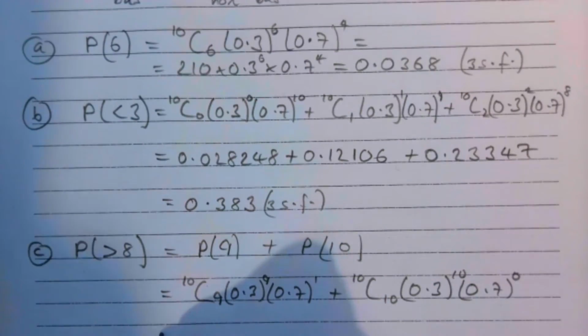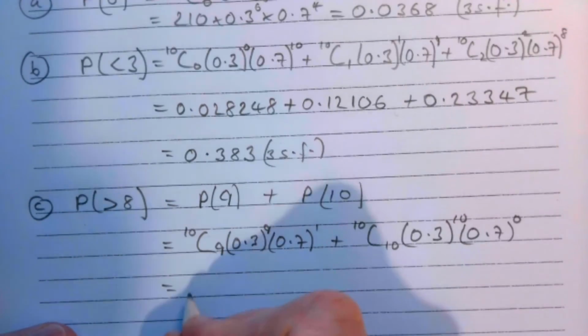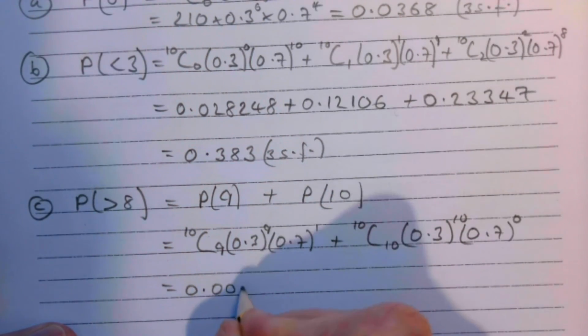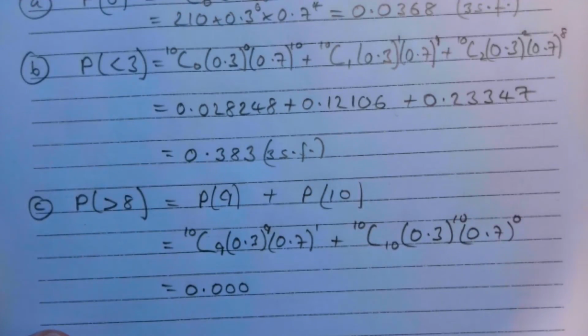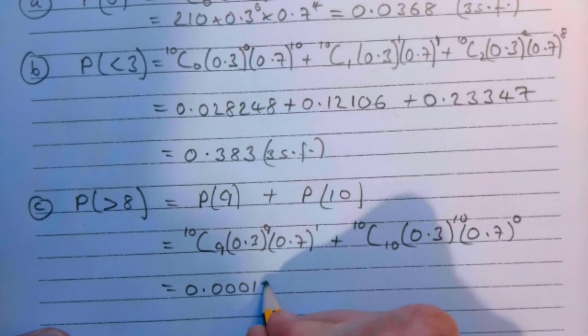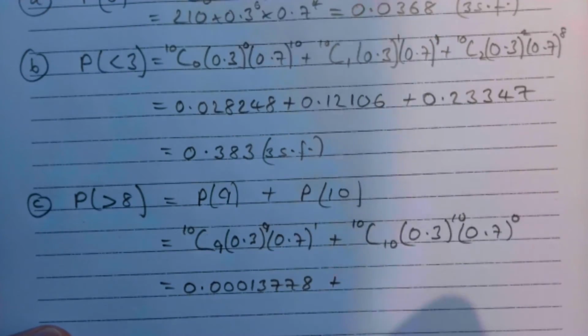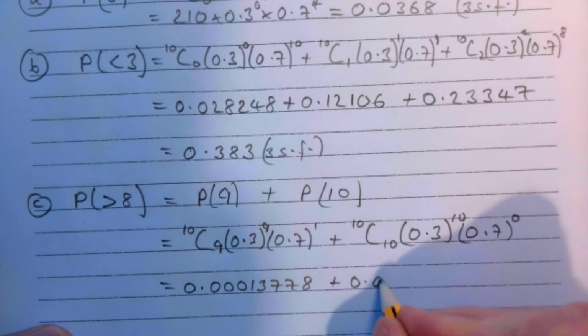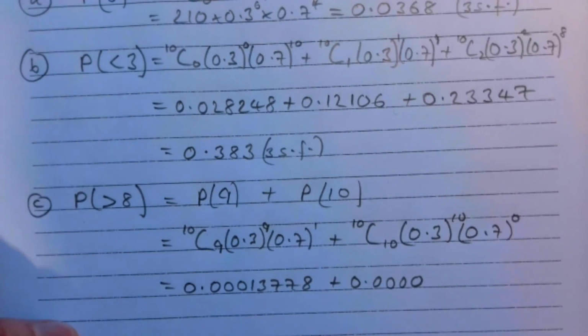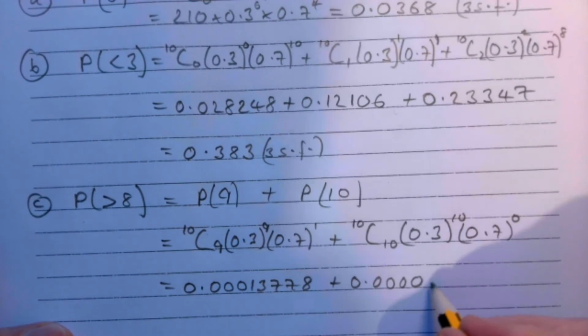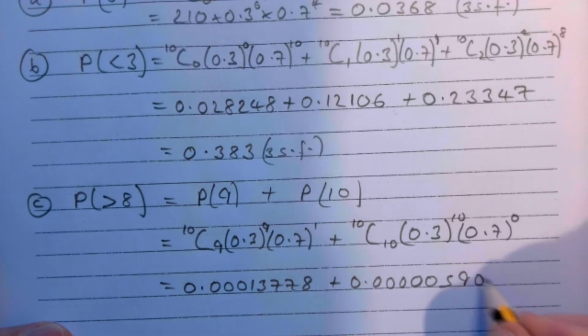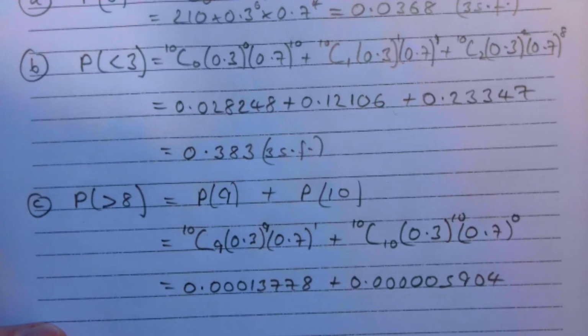And I have it on good authority that these numbers are quite small, 0.000137778 plus 0.0005904.